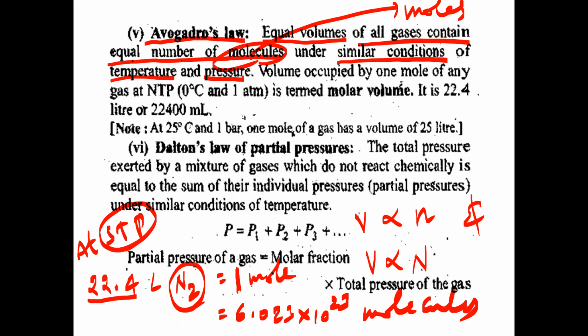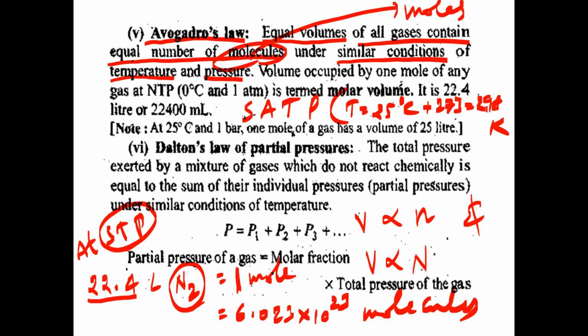To take similar conditions of temperature and pressure, we are taking STP. If you take SATP, which I told you about, what is the temperature? The temperature is 25 degrees Celsius, that is 25 plus 273, equal to 298 Kelvin.